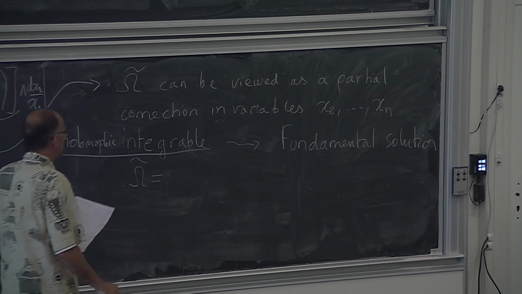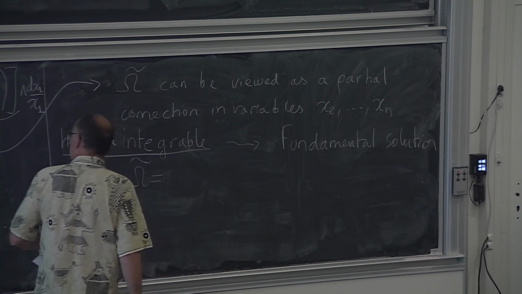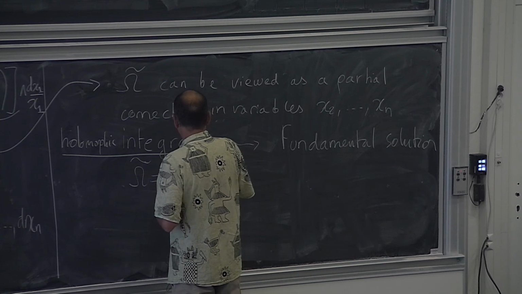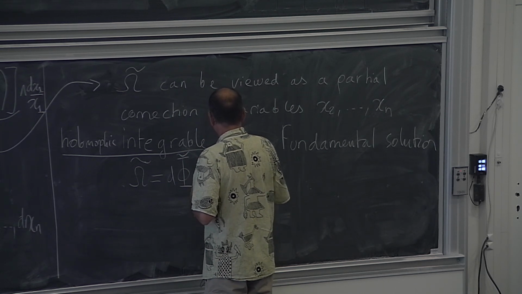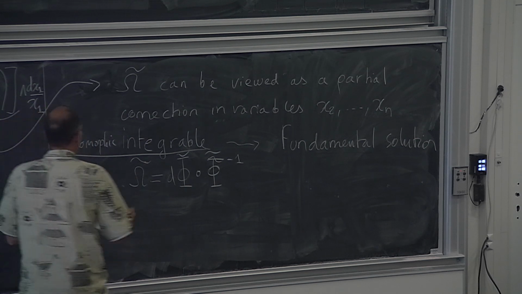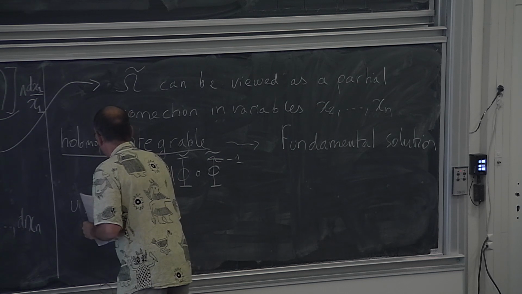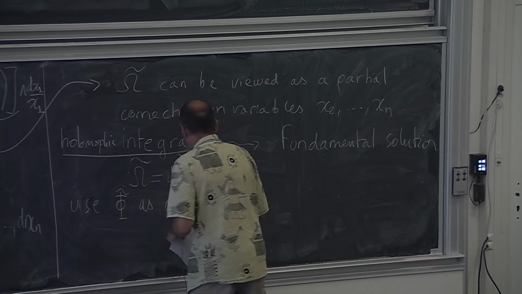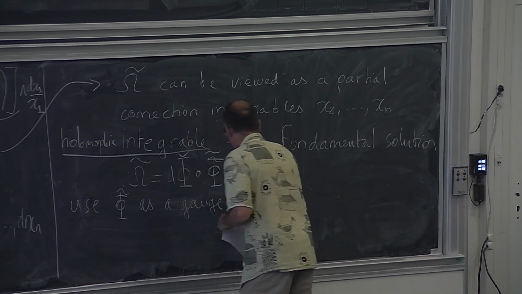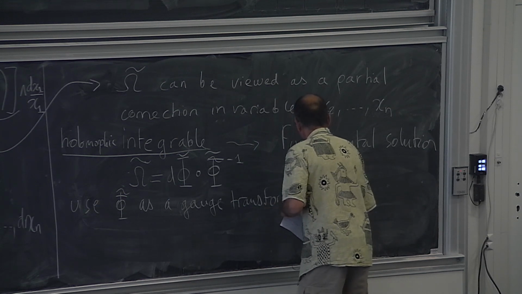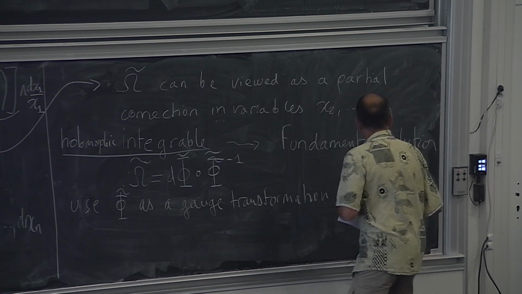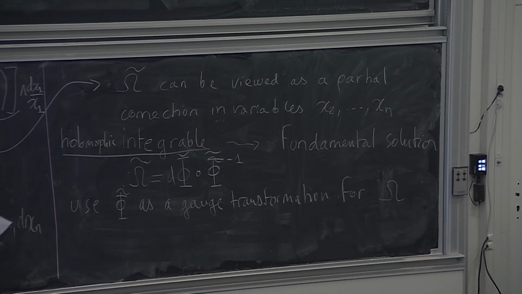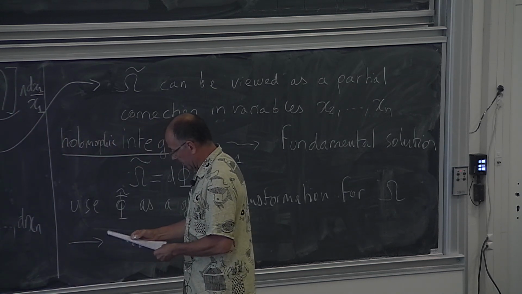So you have a matrix of solutions, a basis of solutions locally, and then you can write omega tilde as d phi tilde times phi tilde inverse. Then you use phi tilde as a change of trivialization, as a gauge transformation, for omega, the starting connection, and this allows you to kill that part.